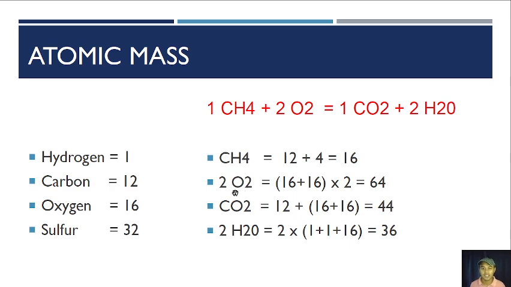While for oxygen gas, O2, the atomic mass is 2 times 16, and 2 O2 is 64. CO2 is 12 plus 16 plus 16, which is 44. For 2H2O, it is 2 times (1 plus 1 plus 16) equals 36. So that is the atomic mass.